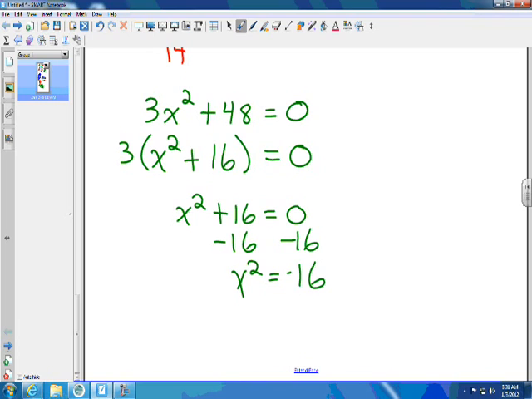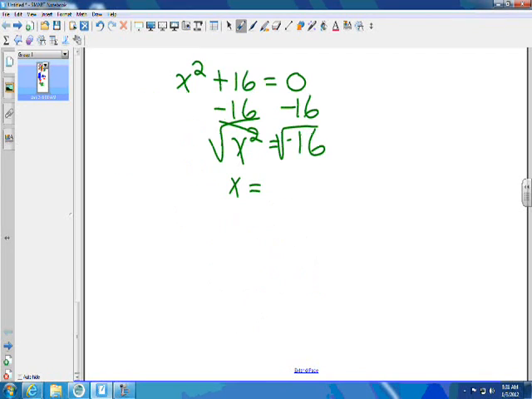And now we have x squared. How would we get rid of that squared? Anybody know? Take the square root of both sides. So the square root and the squared cancel, leaving us with just x. So we have to simplify the square root of negative 16.